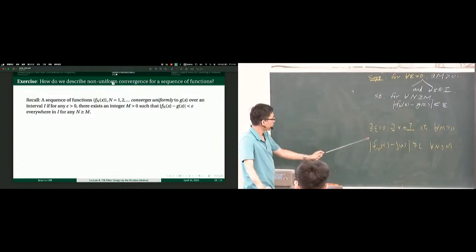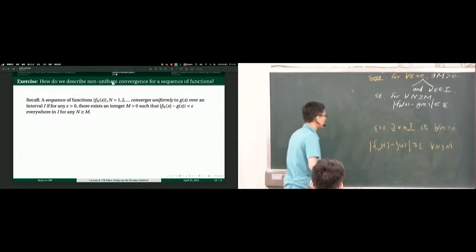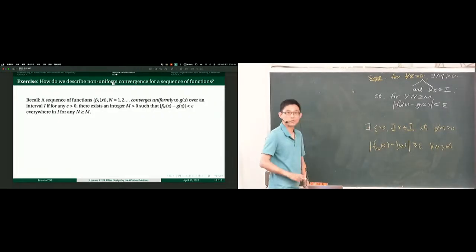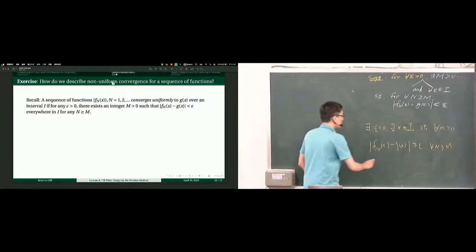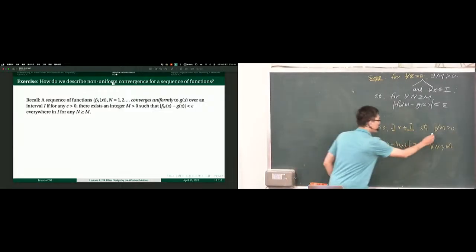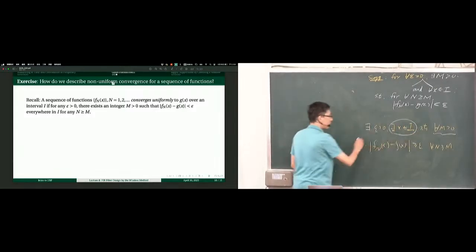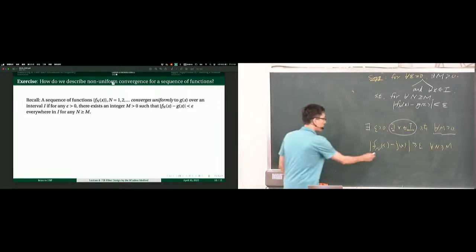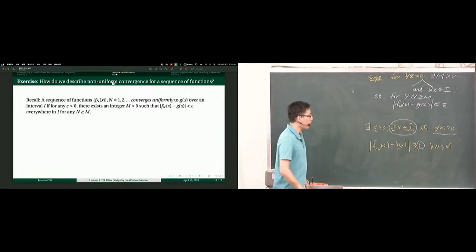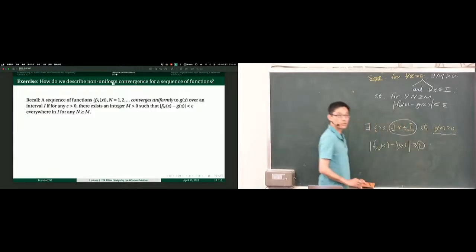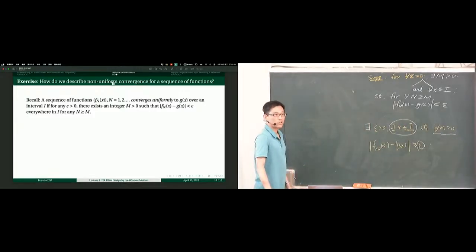If for any, no, for some, yes, there exists. If there exists a non-zero epsilon such that for any given m, there exists some point in the interval such that the error there is greater than epsilon, however large. Yeah. Actually this can be erased, that's roughly the idea. Does everyone get the feeling? What does it mean for the sequence of functions to converge non-uniformly?